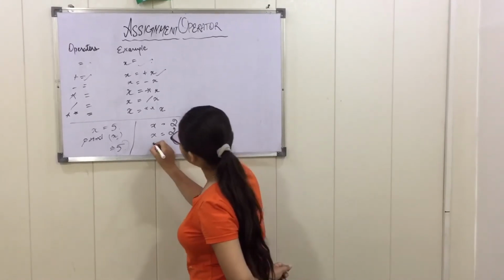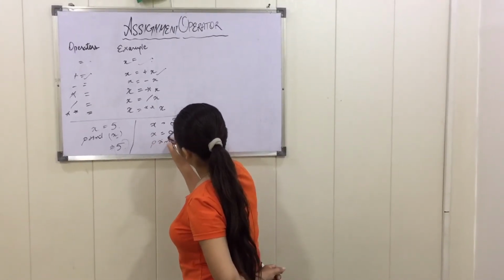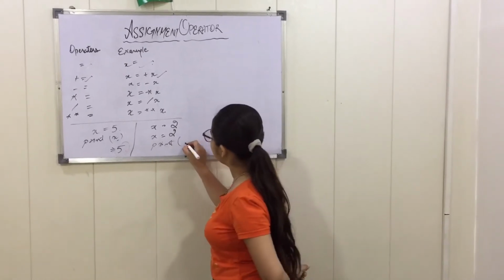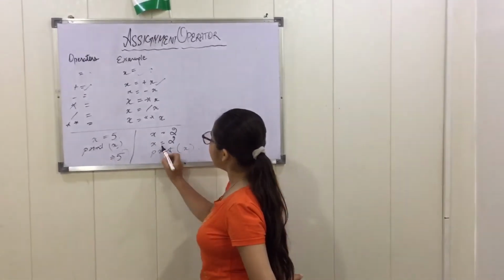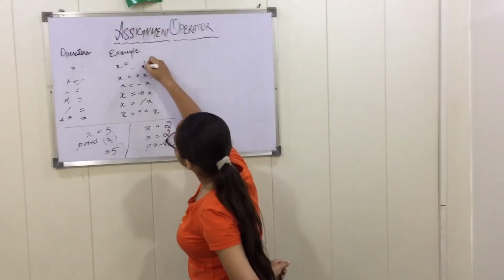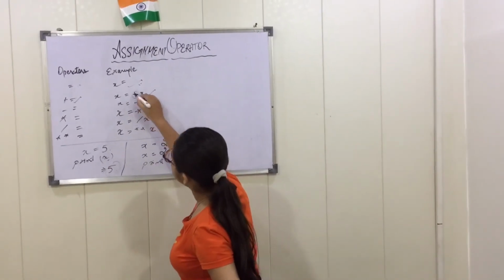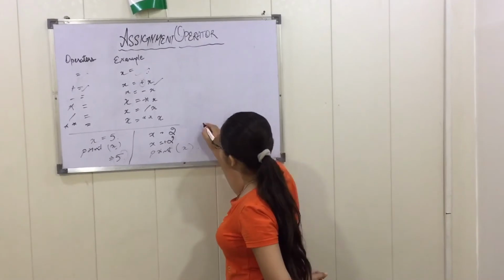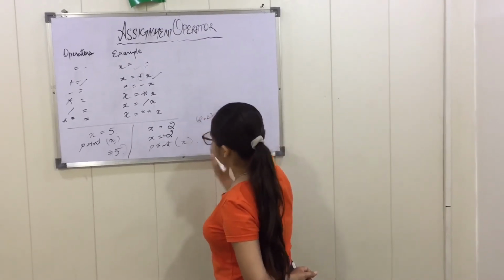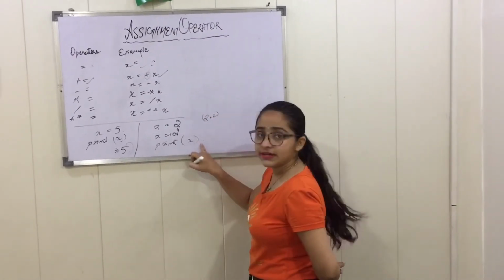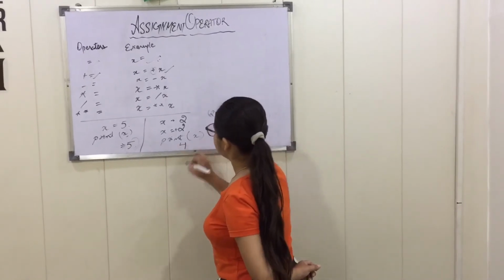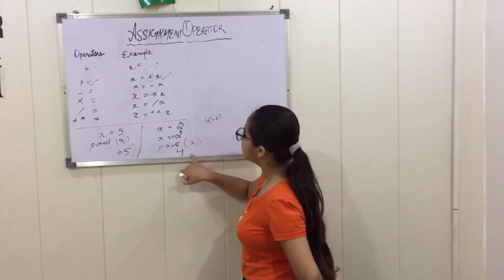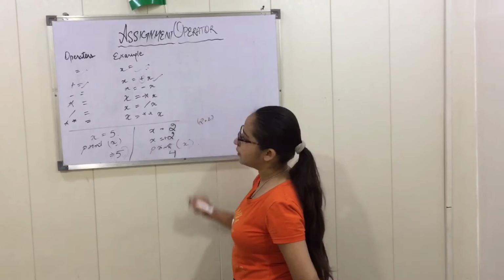I am putting here print the value of x, and now I put the operator here, plus 2. So 2 plus 2 is equals to 4. The printed value of x is 4. This is the answer for the addition operator of the assignment operators.